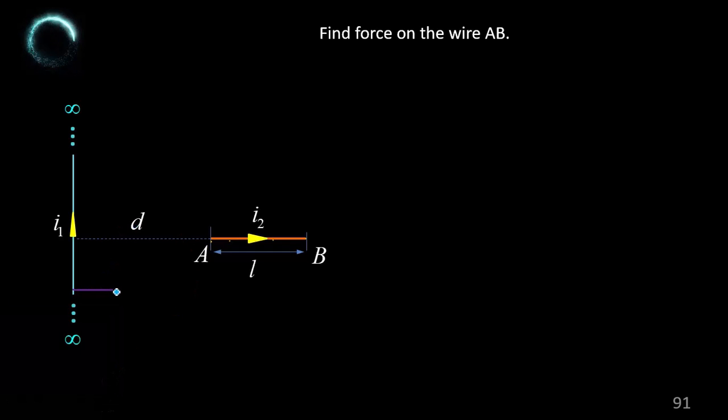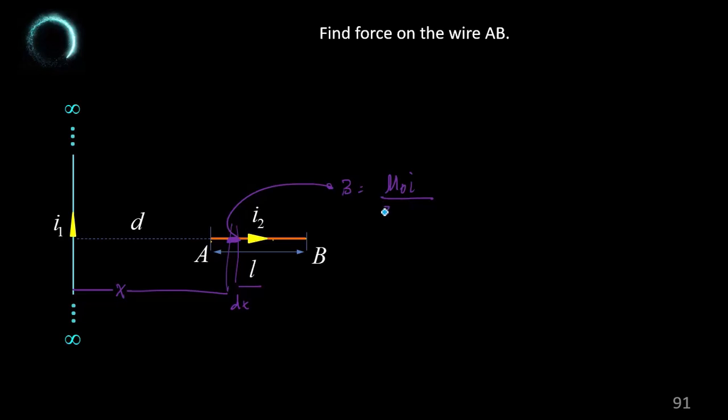We take an element dx, a small element of length dx. On this small element, what is the magnetic field? Here B equals mu naught I by 2 pi x.